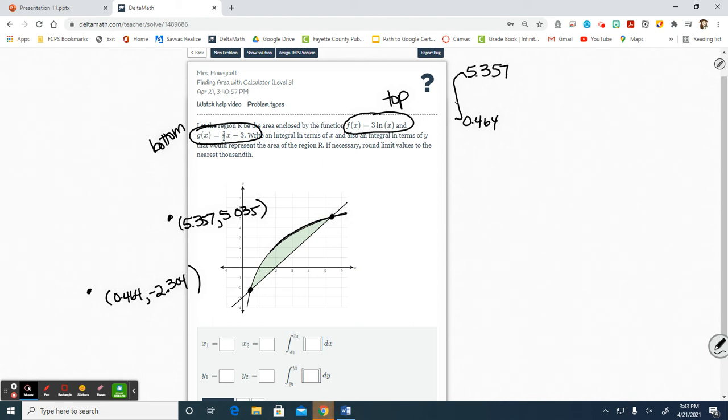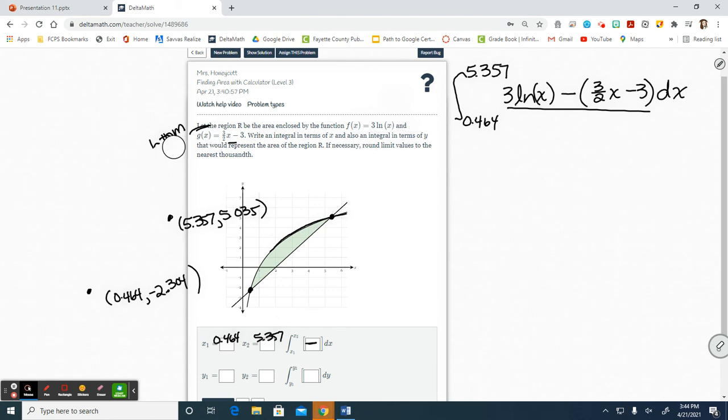The top curve was 3 natural log of x, minus the bottom curve. Put it in parentheses. We want to subtract the whole thing. dx. So for the x1, I would put 0.464, x2, 5.357, and then right here, I would put that integral.